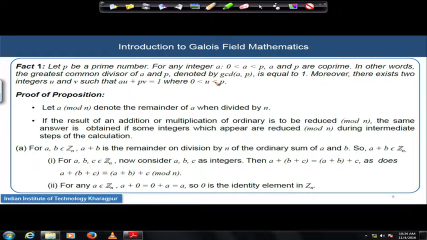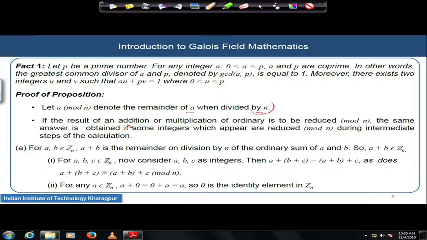So, now we will come back to the proof of the proposition that we did in the last slide. Let a mod n denote the remainder of a when it is divided by the number n. If the result of an ordinary addition or multiplication is to be reduced mod n, then the same answer is obtained if some integers which appear are reduced mod n during the intermediate steps of the calculation. So what is the meaning of this?